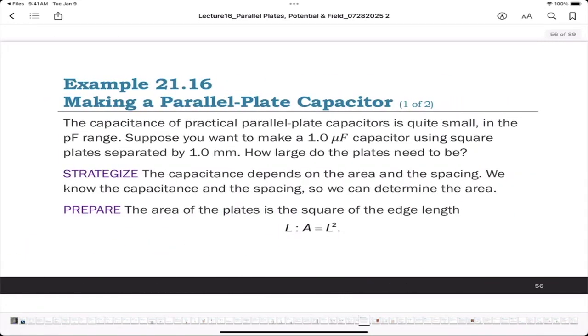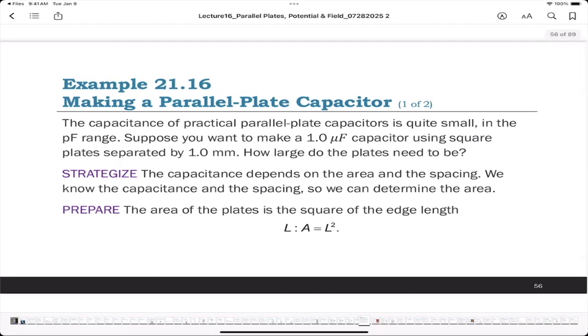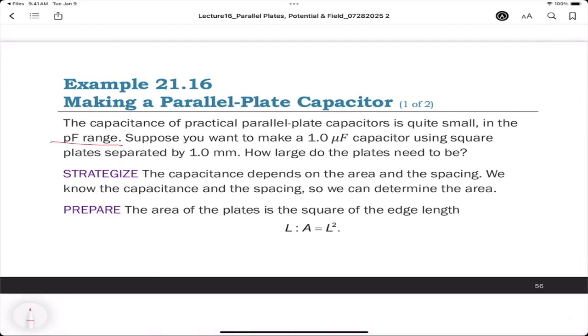Okay, let's talk about the other example, making a parallel plate capacitor. The capacitance of practical parallel plate capacitors is quite small, in the pF range. Do you know how small the pF range is?